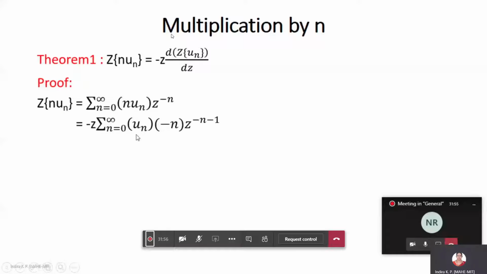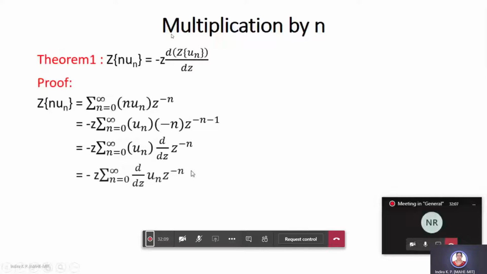Are you done with? So this gives you minus z and summation as it is. This is d by dz of z to the power minus n. Now, un has nothing to do with z, so I can as well take it inside.